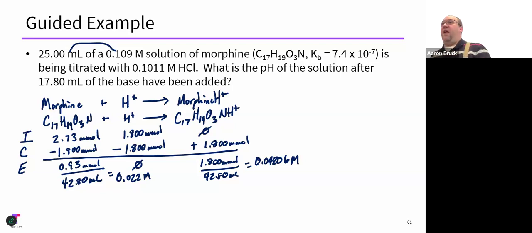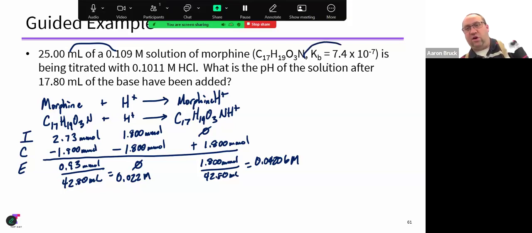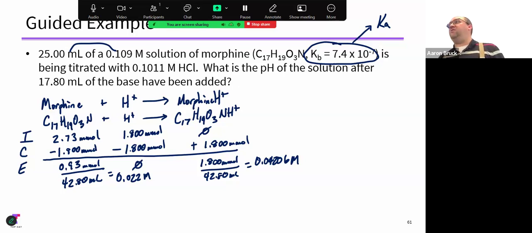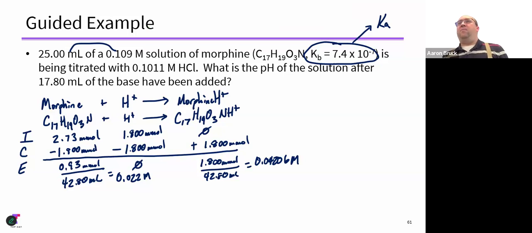And so for the Henderson-Hasselbalch equation, since we are dealing with a base, we have one of two options. Option one is that we could turn this Kb into a Ka value and use the Henderson-Hasselbalch equation as normal. Option two is that we use the base version, the pOH version of the Henderson-Hasselbalch equation.